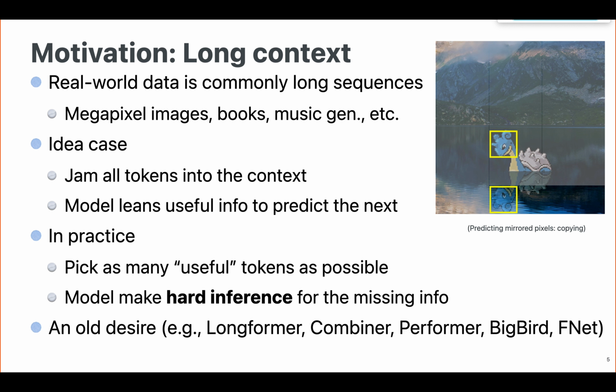For example, BERT only has a 512 context length. Otherwise, the model has to make a hard inference without the useful information. And this actually is an old desire, for example Longformer from 2020, Combiner, Performer, Big Bird, etc. So it's quite saturated in the literature.